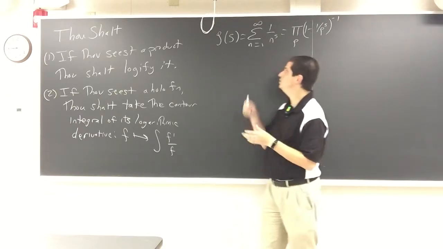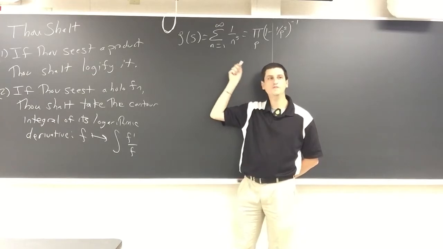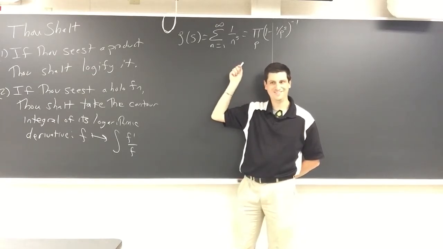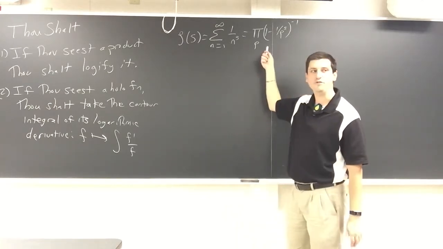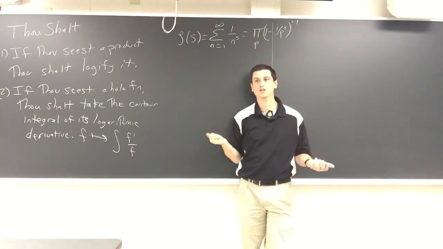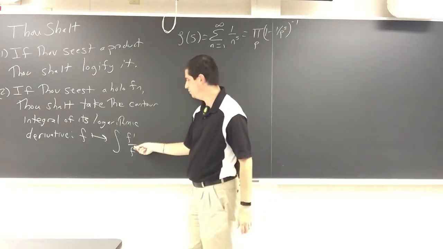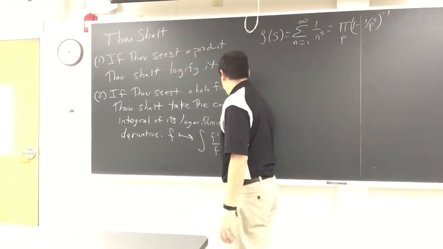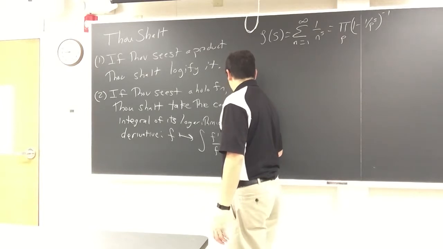We have two different formulations for the zeta function. Which one of them do you think I will prefer? The one on the right. Because if I do anything involving a log, the log of a product is the sum of the logs. That's going to work extremely nicely. F prime over f is really the same as the integral of d by dz of log of f.